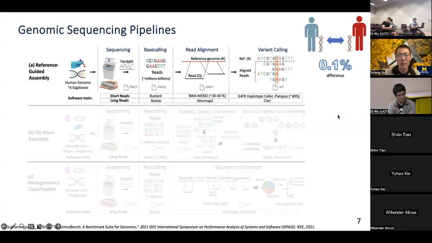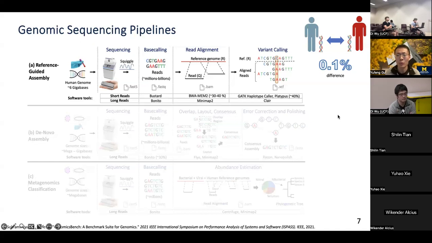The first one is reference-guided assembly. The reason people use a reference to acquire each person's genome is that the difference between the genomes of two people is very small. It's usually less than 0.1%.